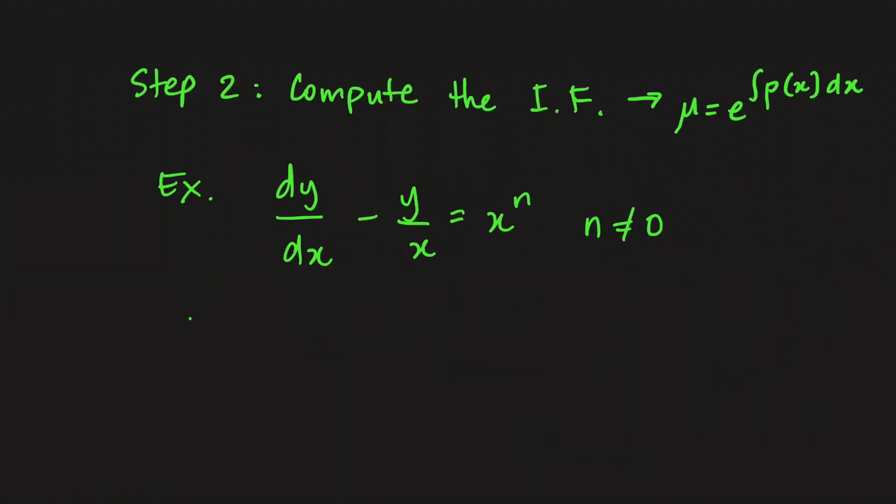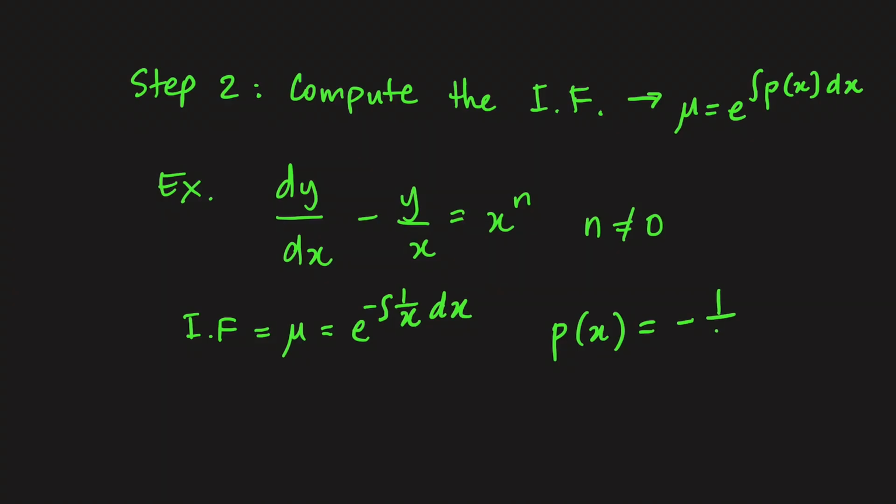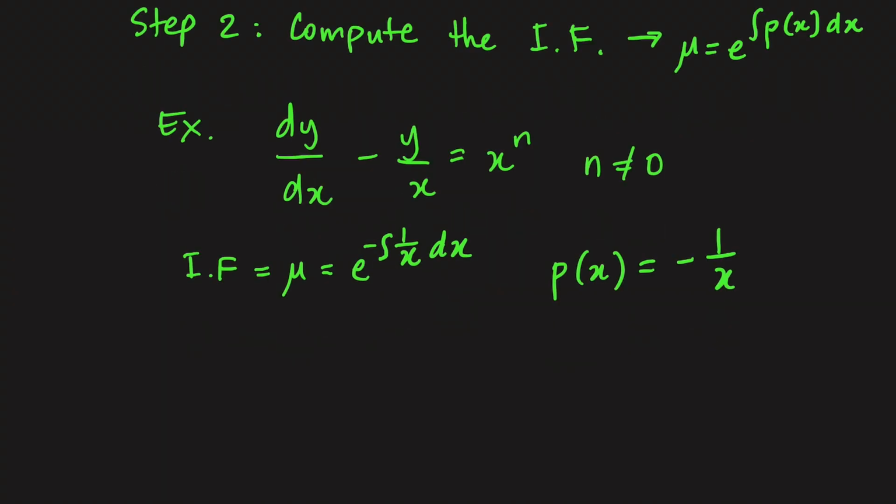Therefore, in this example, the integrating factor, or mu, is e to the power of the integral of minus 1 over x dx. In this case, p of x is the minus 1 over x. And now you have to solve the integral.